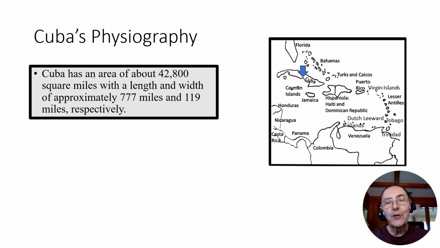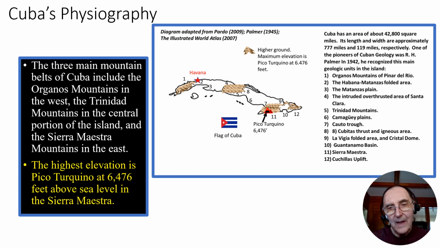Now, Cuba has an area of over 42,000 square miles. It has a length of 777 miles and a width of 119 miles. So it is a big island. Palmer in 1945 described the main physiographic provinces of Cuba. Those are highlighted here on the diagram that I have presented for you.